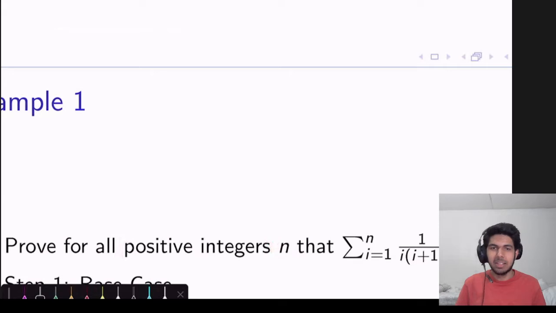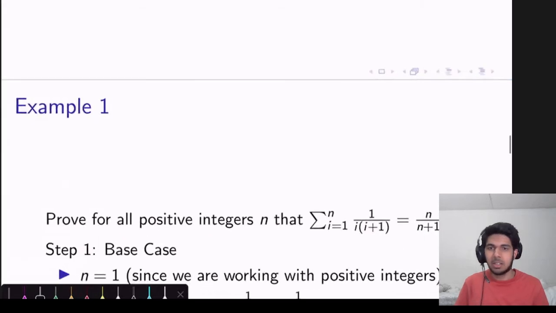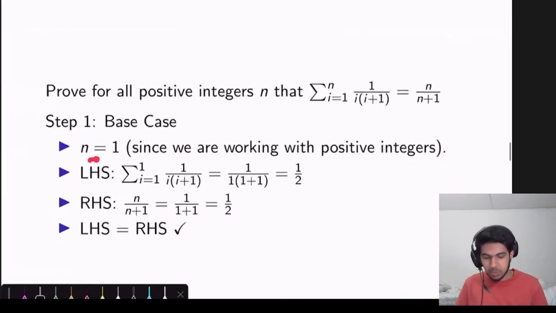That's our domain, and it's not bounded by anything else. So for the base case, we want to test the smallest value in our domain. What's the smallest positive integer? It's got to be 1. So the base case will test n equals 1.